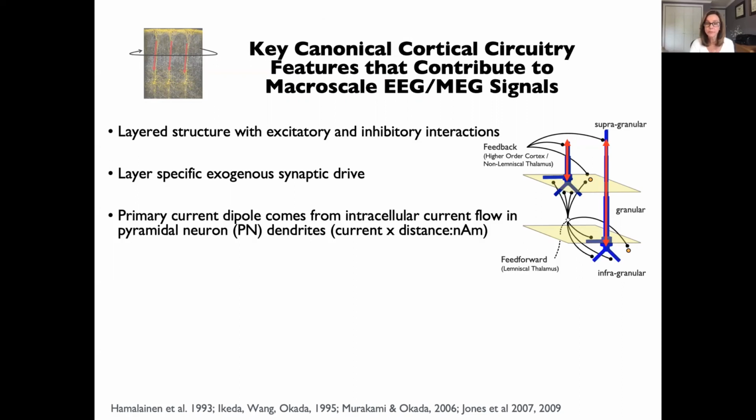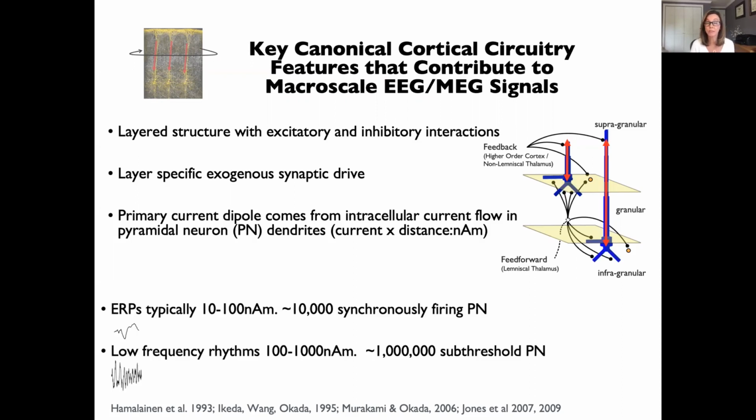Now, we know something about the size of the networks that contribute to some of the most commonly measured signals, including event-related potentials. These are typically on the order of 10 to 100 nanoampere meters. They're believed to be generated by the synchronous activity of on the order of tens of thousands of synchronously firing pyramidal neurons.